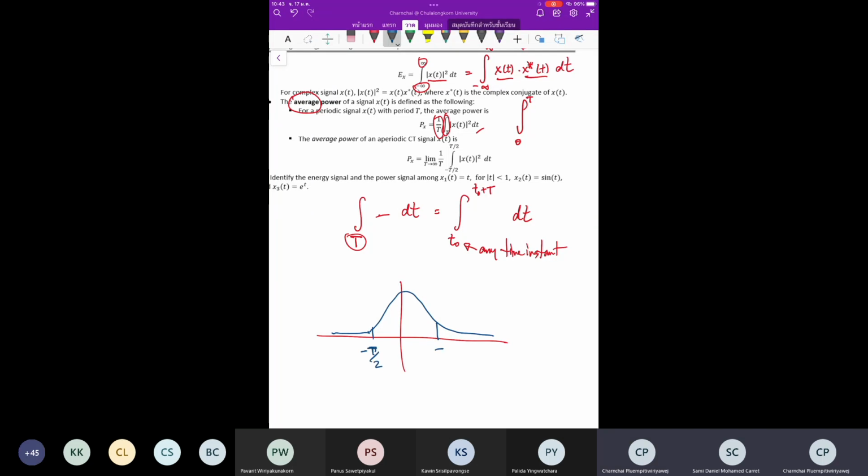We integrate from negative T over 2 to T over 2, divided by the whole time T, and then you take the limit as T goes to infinity.